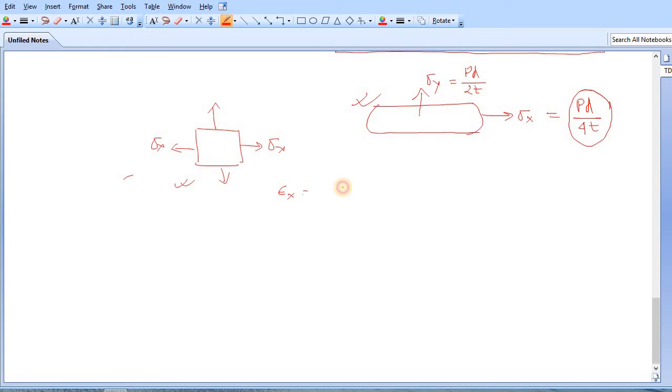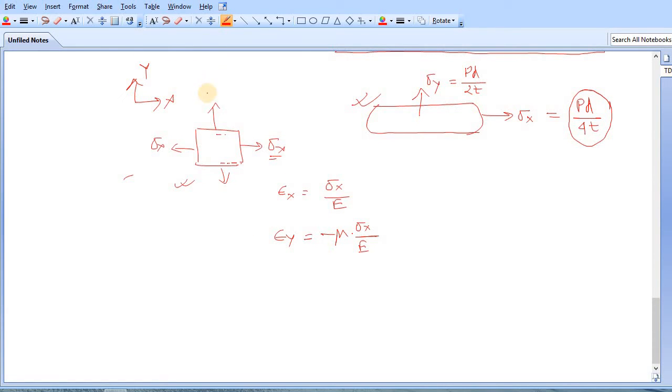Epsilon x is sigma x by E, modulus of elasticity. Clear? And due to this sigma x, what is the contraction in the y direction? You know, this is minus mu times sigma x by E. This is the x direction, this is your y direction.